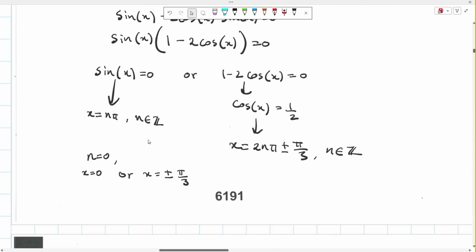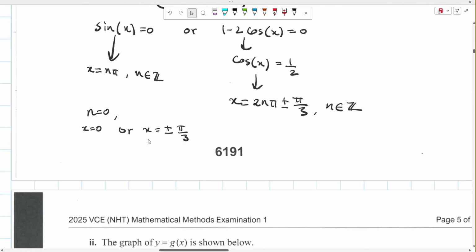Yep, that's all good. So we get x is equal to 0 or x is equal to plus or minus pi on 3. Let's try n is equal to 1. We get x is equal to pi or x is equal to 2 pi plus or minus pi on 3.